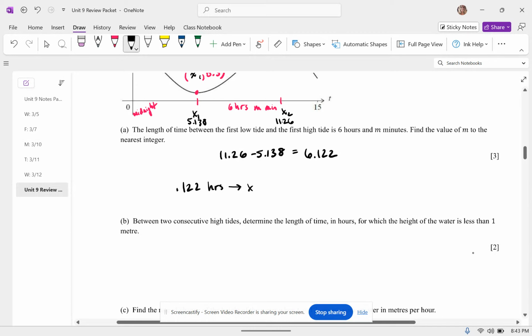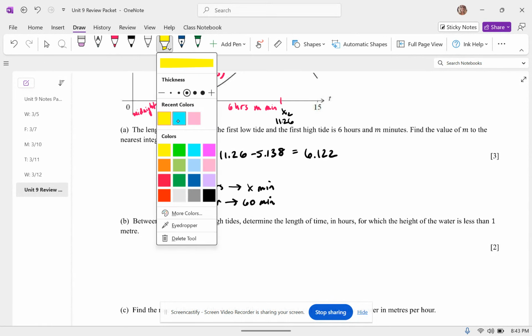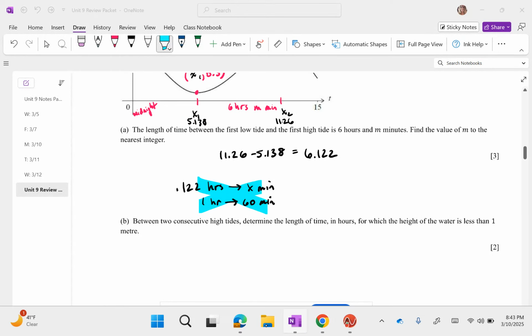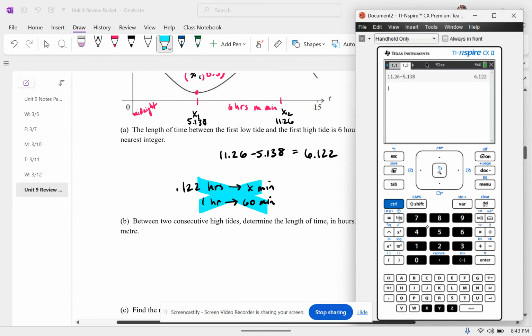Okay. And I do know that there are 60 minutes in 1 hour. I'm going to use this as my conversion scale, right? So I've got 1x equals this times this. So I'm going to get 0.122 times 60, 7.32 minutes.